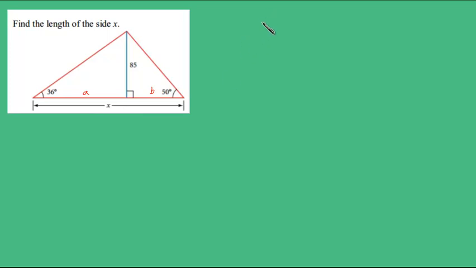So how can we find A? Well, we recognize again that the tangent of 36 is 85 over A. So A is 85 divided by the tangent of 36. Likewise for this side, I know that the tangent of 50 is equal to 85 over B. And so B becomes 85 over the tangent of 50.